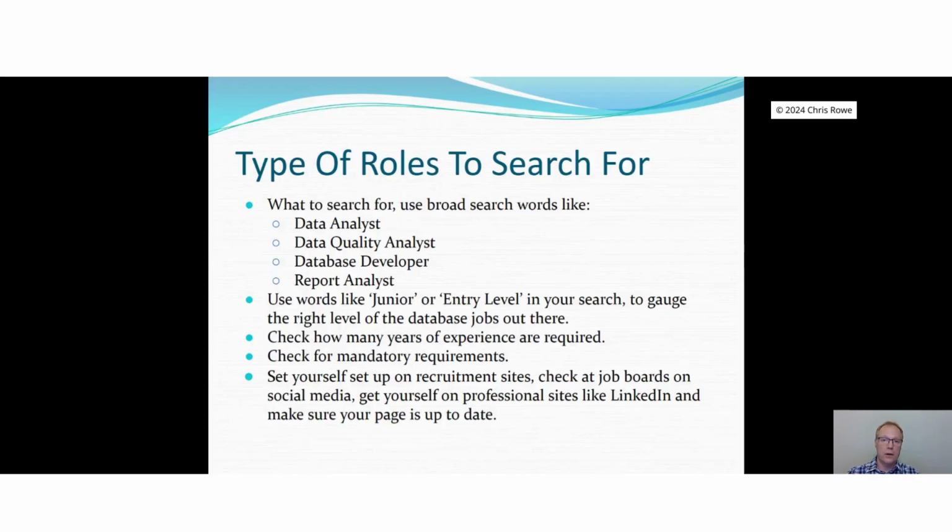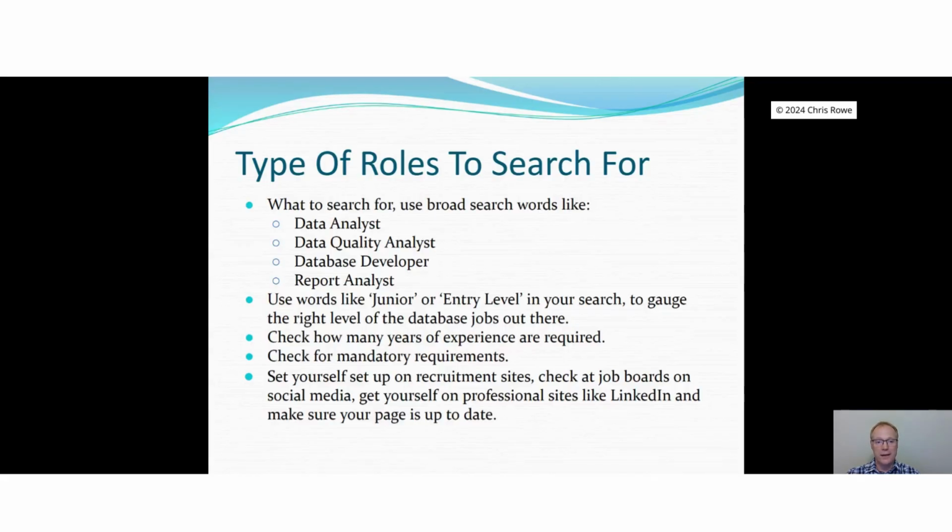Okay then, so first of all, before you even begin to write your CV, you need to have a look at what jobs are actually out there. So we need to have a look at the sort of roles that are on offer from job sites. When you do look for your roles, you probably want to start with a few broad search terms.